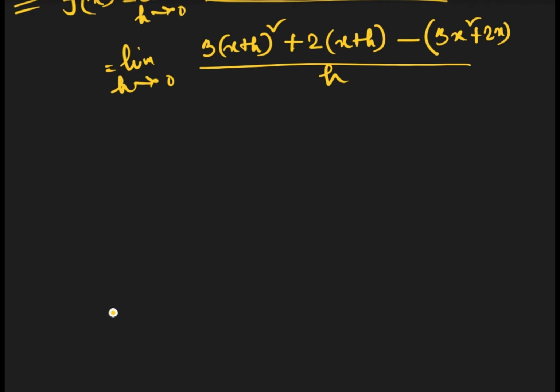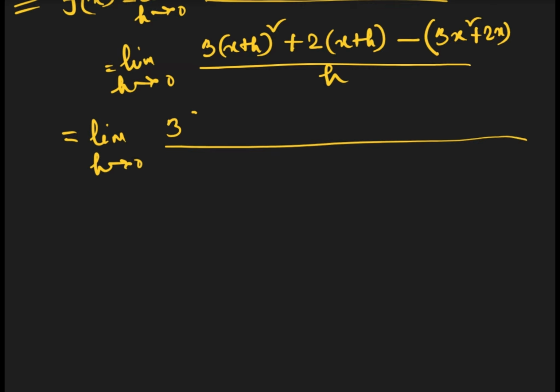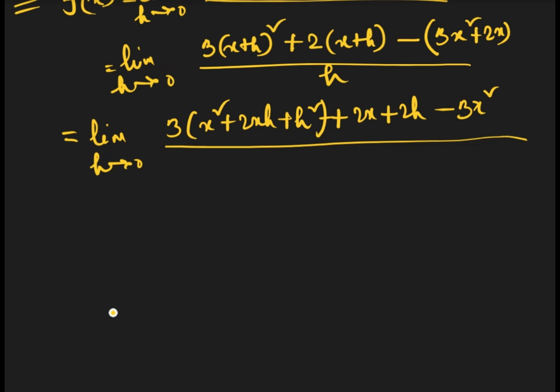So the following line will be limit h tends to 0, and the basic algebraic formula a plus b whole square. So x square plus 2xh plus h square, bracket close, then plus 2x plus 2h minus 3x square minus 2x, right? So this 2x and this 2x cancel out, and here will be h.